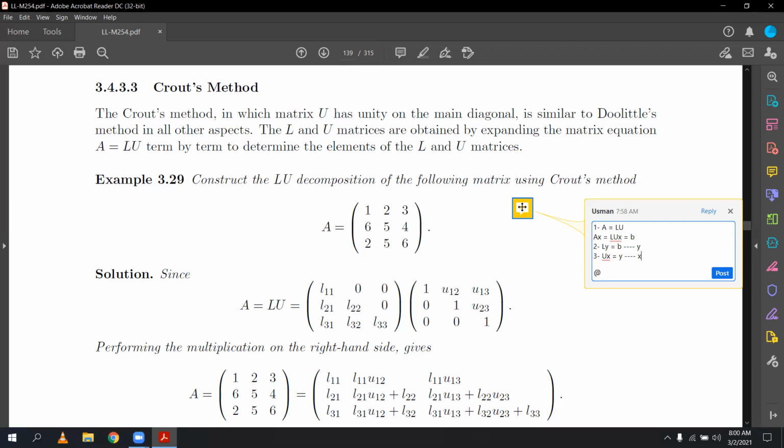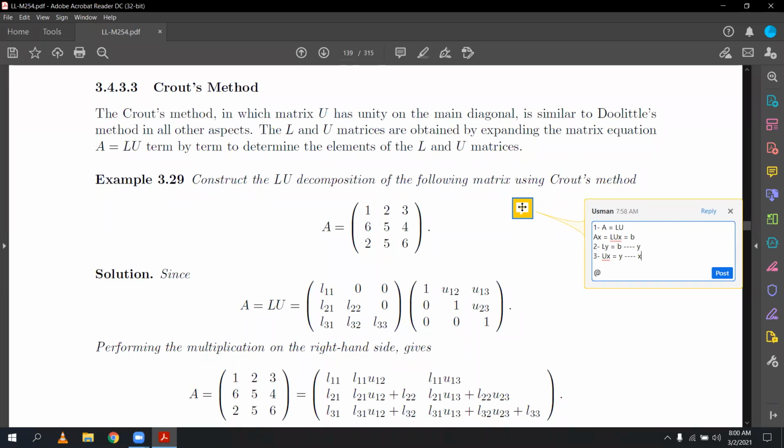Now, we have 2 cases of using these 3 steps. The first one we already finished, which is the Doolittle method. In the Doolittle method, your L should be unit lower, meaning the diagonal elements of L must be equal to 1.